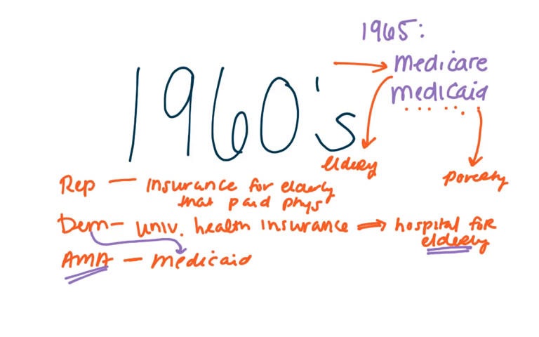If they included Medicaid, then what would happen is that the poor would have health insurance, working folks would have health insurance through their employers, right? Because we said that the majority of Americans have health insurance through their employers.